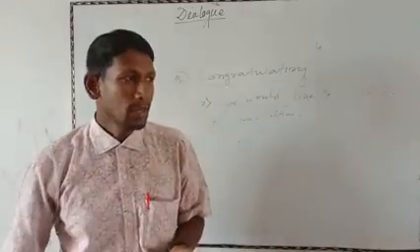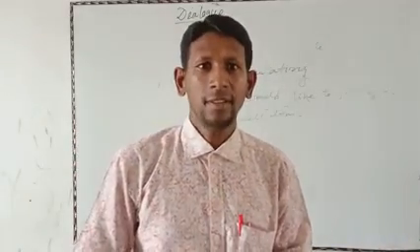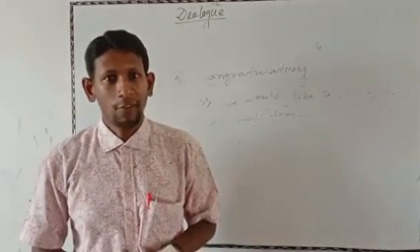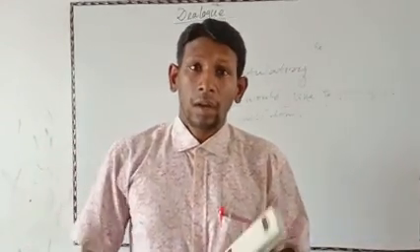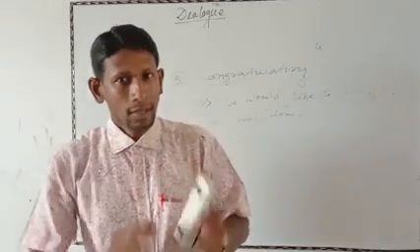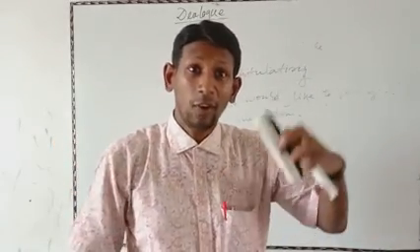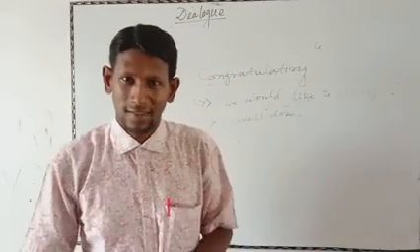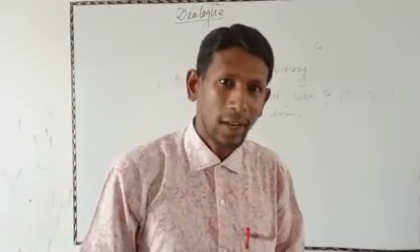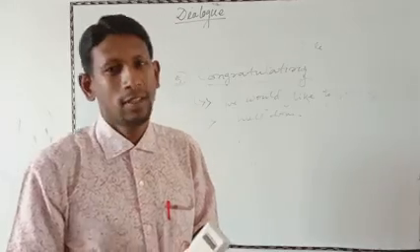From your mind, you can tell that your friend got GPA 5. So at that time, you can tell him, well done, congrats. Because for his or her success, in this way, you can congratulate him or her.